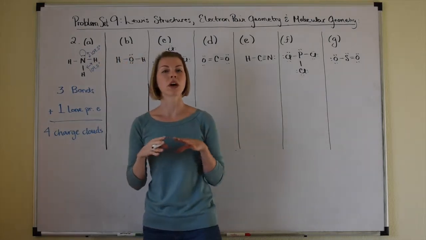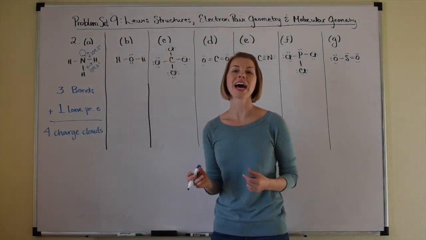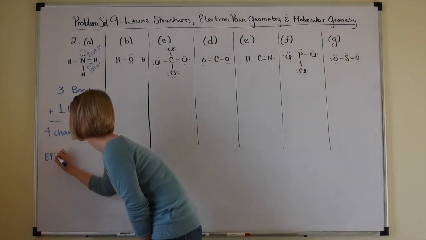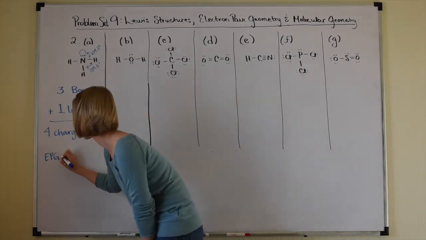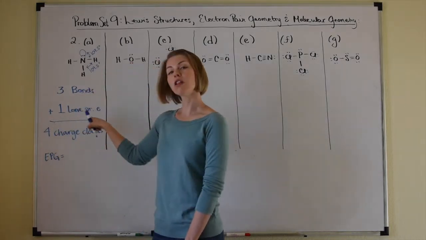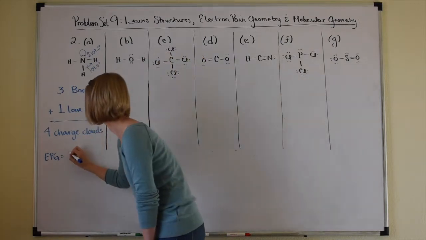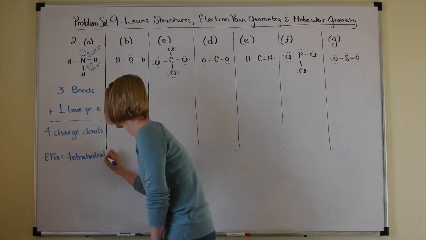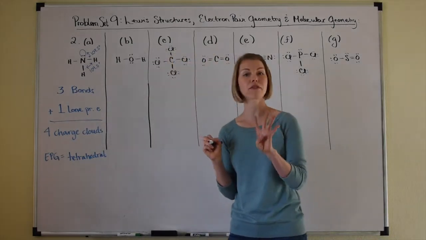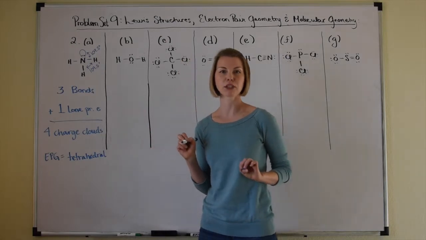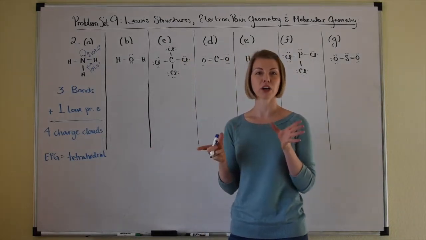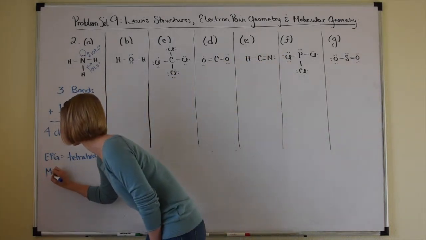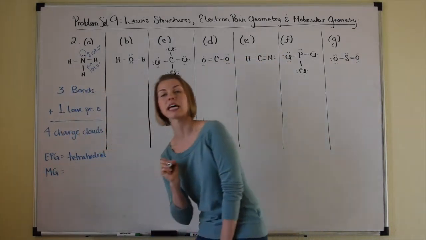The electron pair geometry, abbreviated EPG, accounts for all of the charge clouds, and that gives a tetrahedral electron pair geometry. Anytime you've got 4 charge clouds, the electron pair geometry is always going to be tetrahedral, and those bond angles 109.5. All right, the molecular geometry, I'll abbreviate MG.